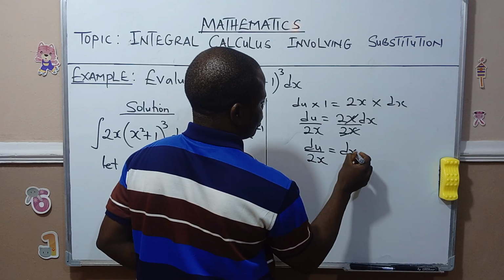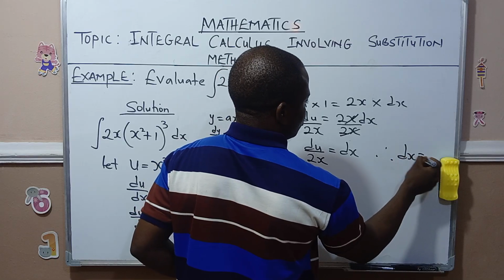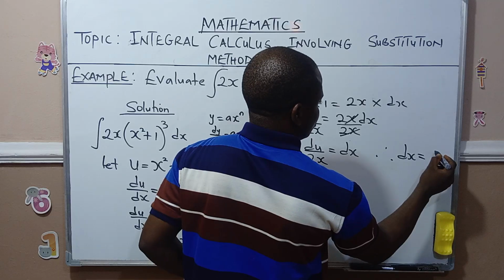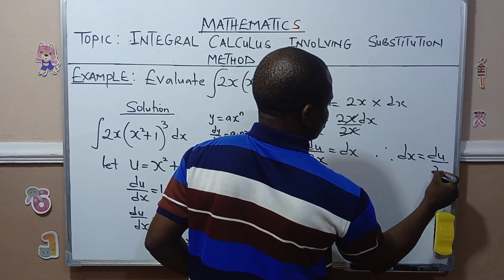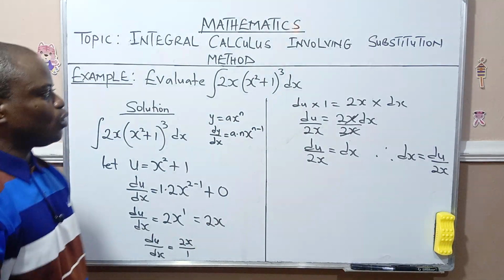Therefore, our dx equals du over 2x. Anywhere you see dx, you replace it with du over 2x.